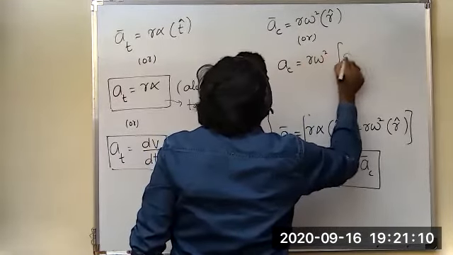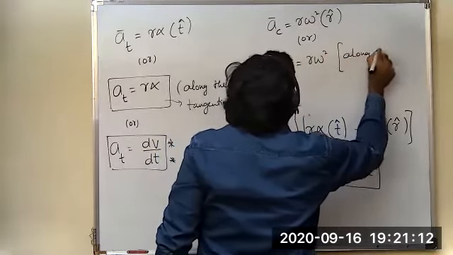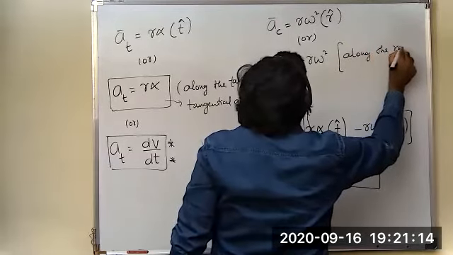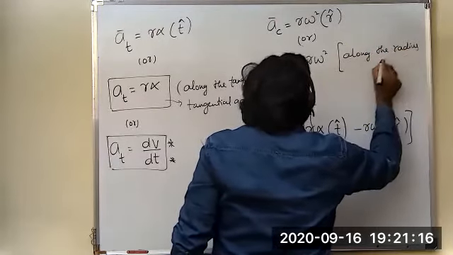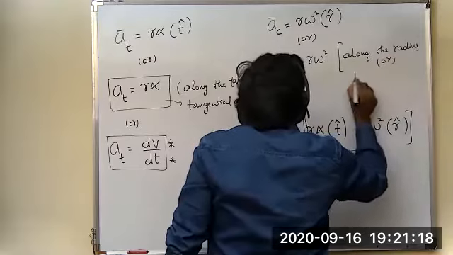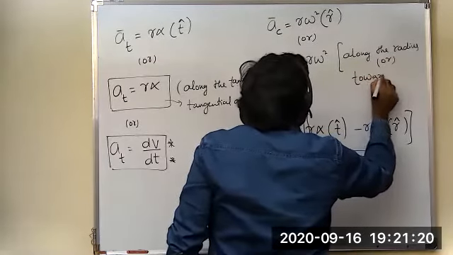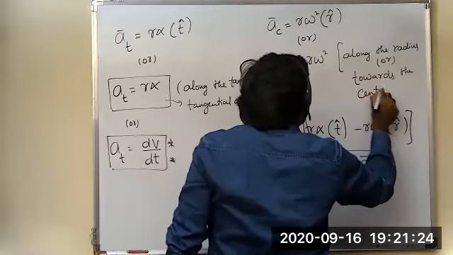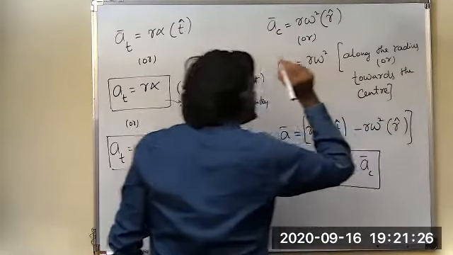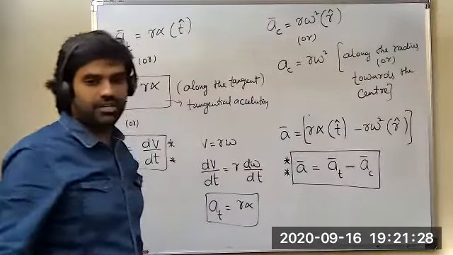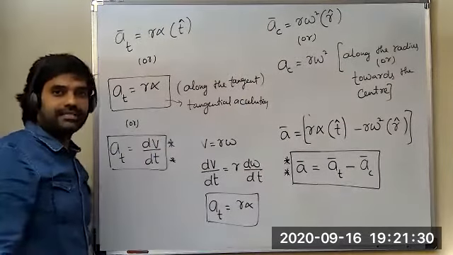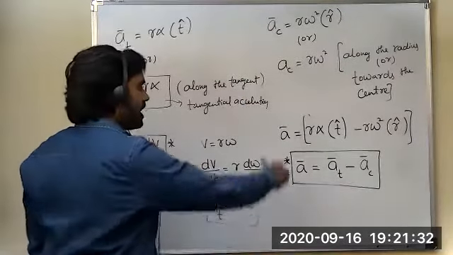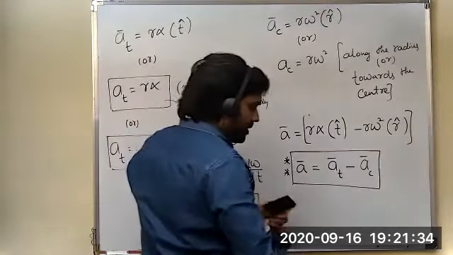It always acts along the radius, students. Or else you can also say that it always acts towards the center, and it is said to be centripetal acceleration. What is R omega square, students? Centripetal acceleration. I'm rubbing these two lines also. Copy it quickly, students.